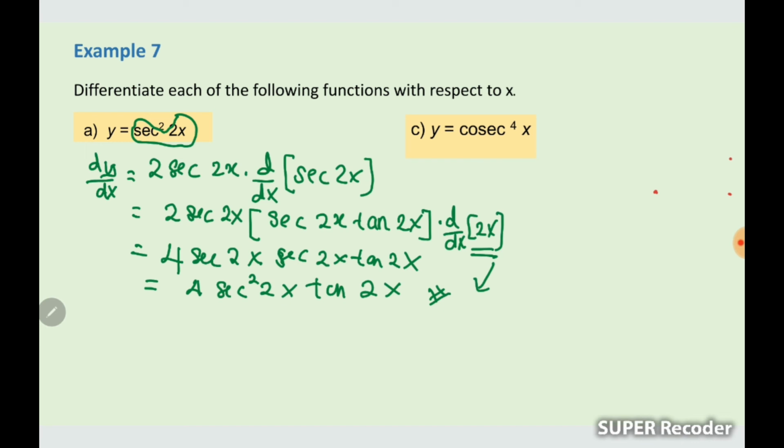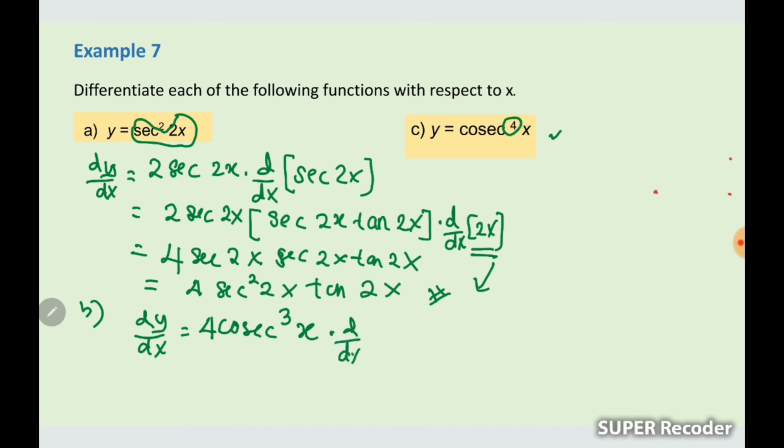What about B? Y equals cosecant x to the power of 4. So dy dx equals, 4 is the power here, so bring it in front. Cosecant, 4 minus 1, don't forget to subtract 1, so cosecant cubed x. We haven't finished yet.